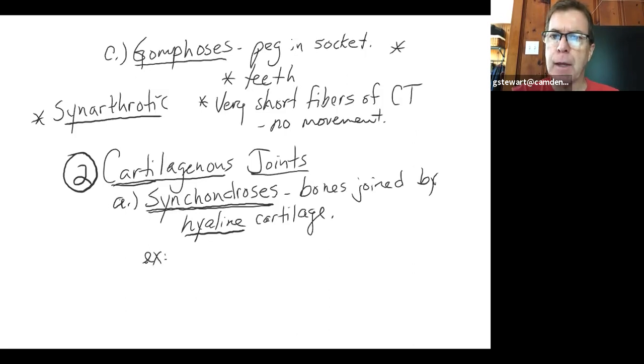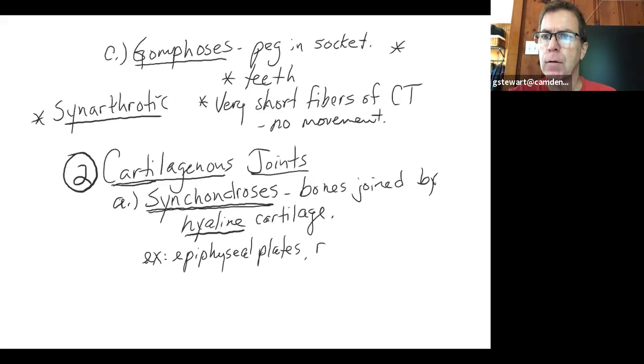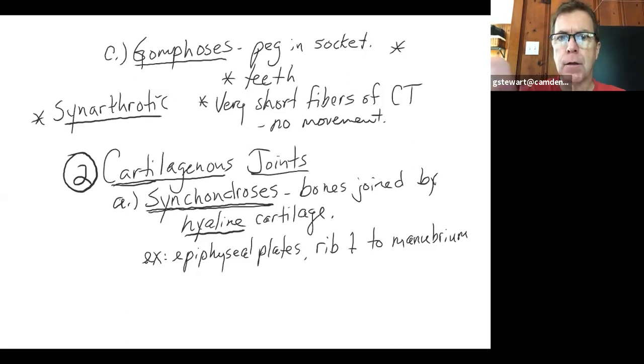Examples of these would be that growth plate that we went over in a previous lecture. So epiphyseal plates, rib number 1 to the manubrium of the sternum. Those are classic synchondroses joints.